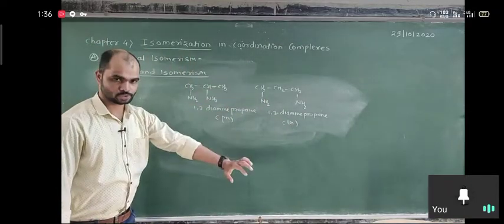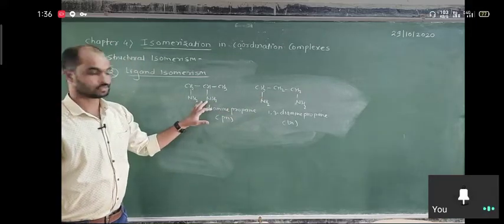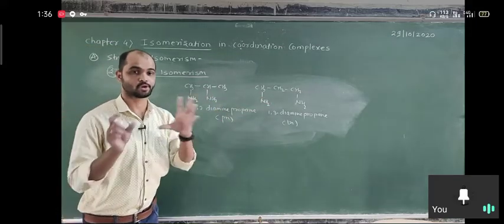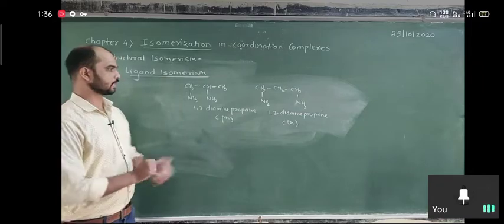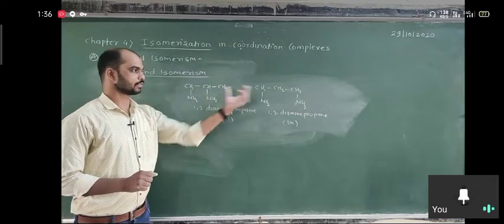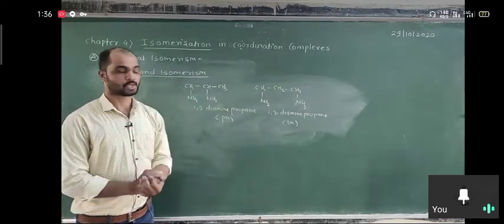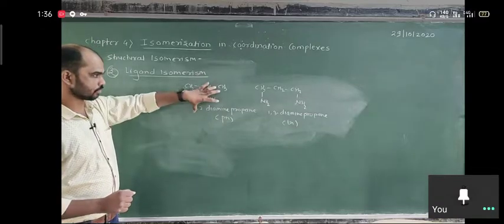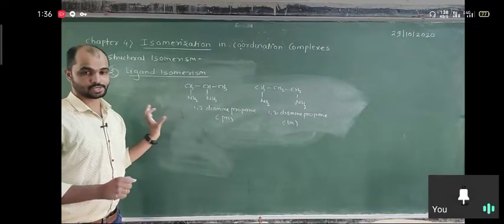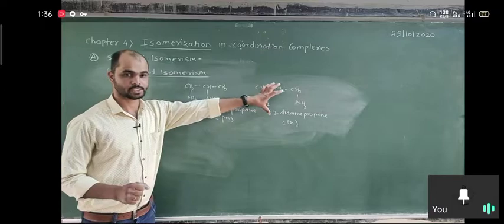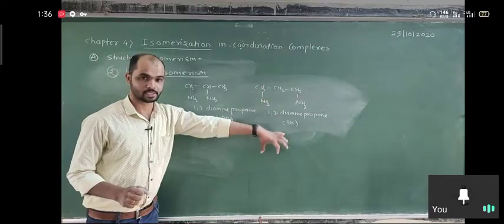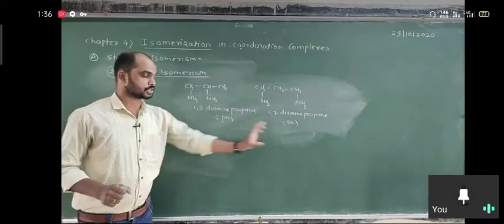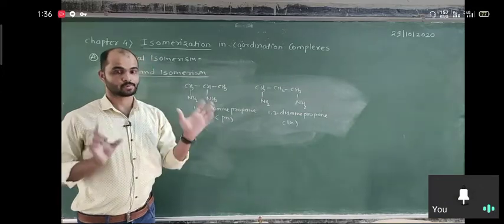So suppose these two isomers, because both have the same molecular formula, are themselves in isomeric form. In the first compound, suppose this form is present in a coordination complex. In the second coordination complex, this form is present, and both coordination complexes have the same molecular formula.